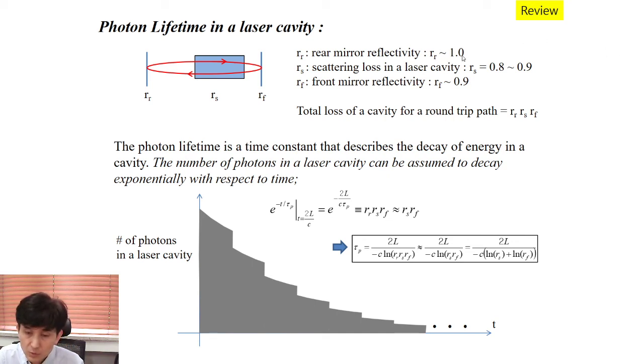Small r is 100% reflectivity, Rs is about 0.8, so an 80% survival rate, and RF is a 90% survival rate. Approximately, as we take small r equal to 1, we have Rs times RF.